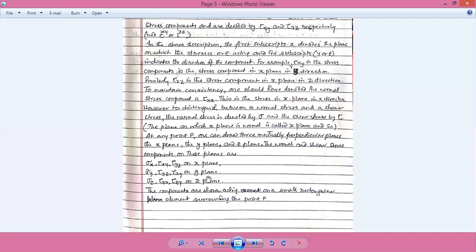Sigma y is on the y plane, and sigma z is on the z plane. Like this, the components are shown acting on a small rectangular element surrounding the point P.